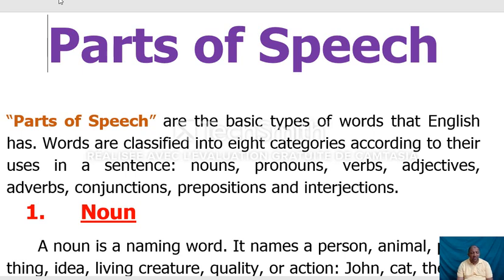The word parts means units, components, elements. Elements of what? The elements of a sentence. And when we speak about speech, this word means a series or a group of linguistic items that constitute a sentence. And therefore, speech is made up of different sentences.